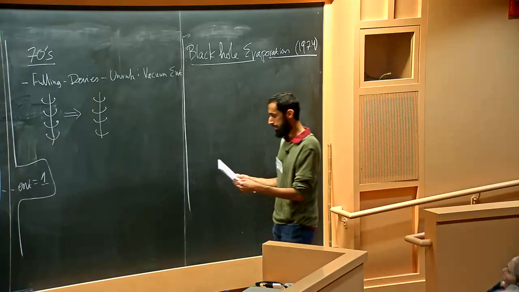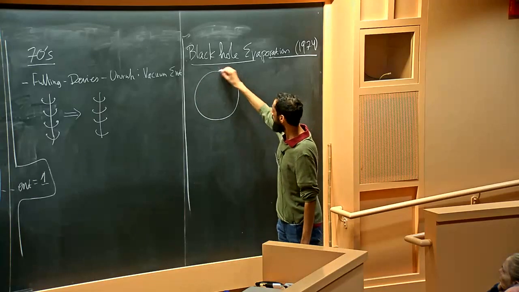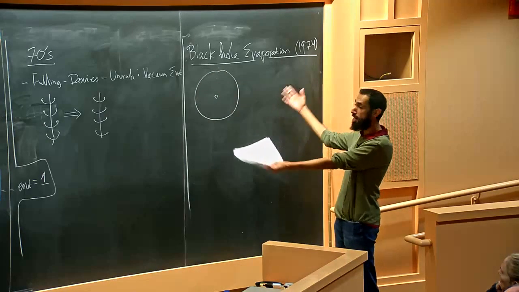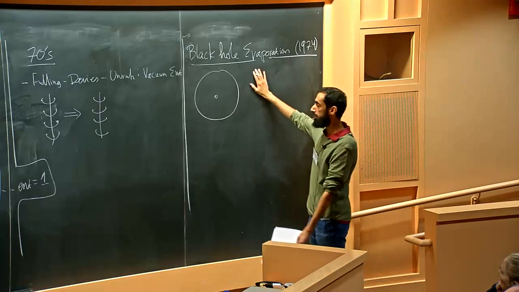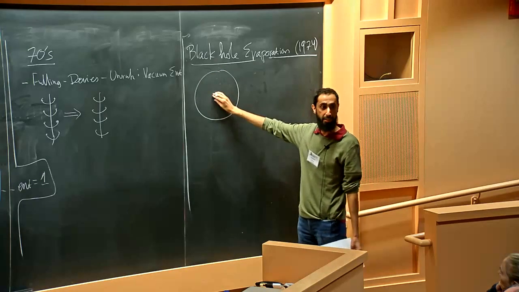I'll just work here. So let's consider the black hole as such. In this black hole, there's a lot of empty space. There's empty space here, empty space here. Don't force me to say anything about the singularity.